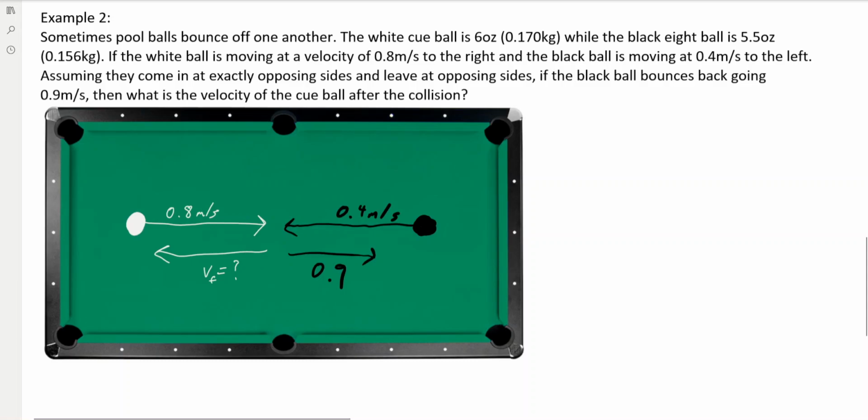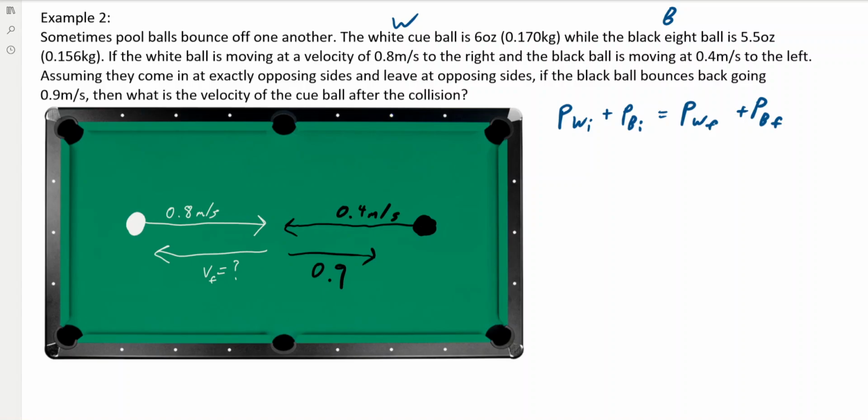Okay, so let's go ahead and start trying to solve this. So basically we're going to start the same way. I'm going to say W for white and B for black. So it's going to be PWI plus PBI equals PWF plus PBF. So initial must equal final.